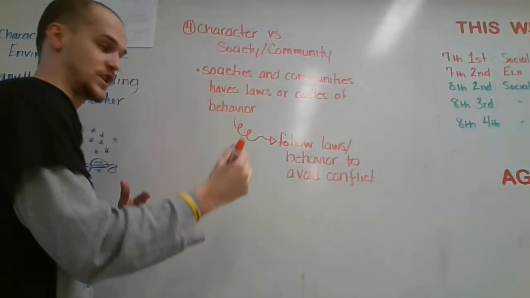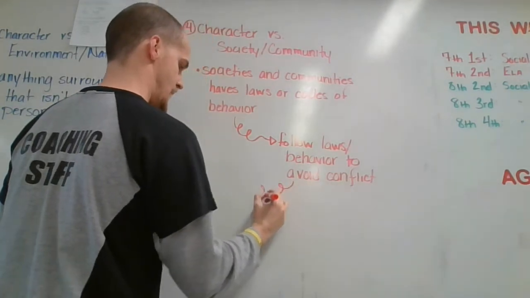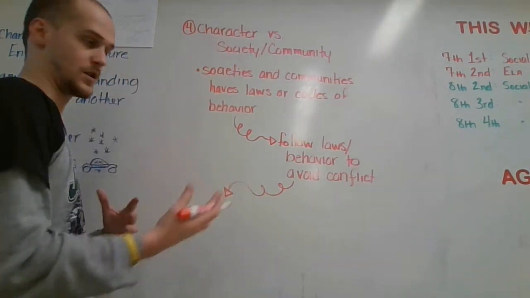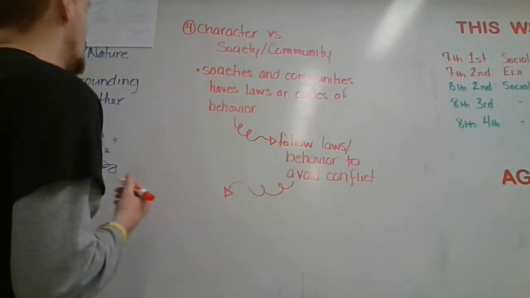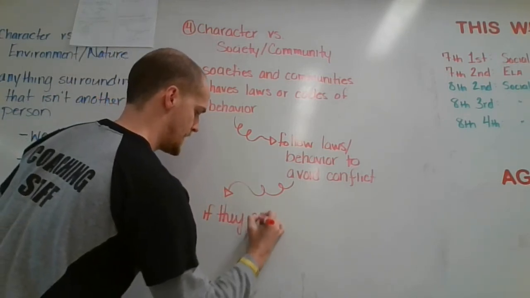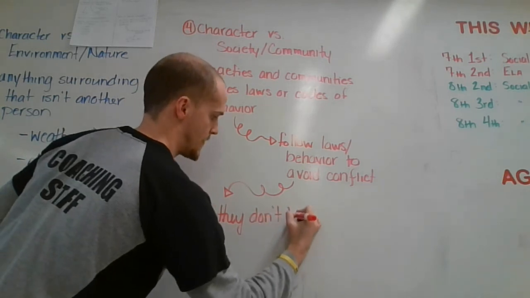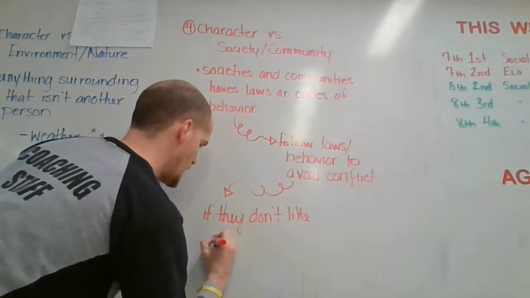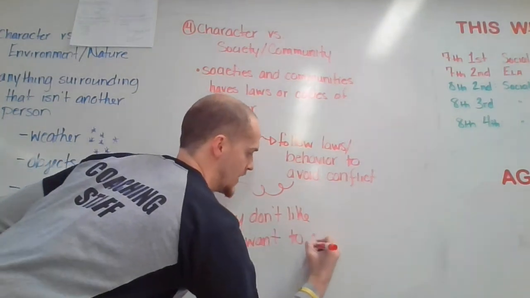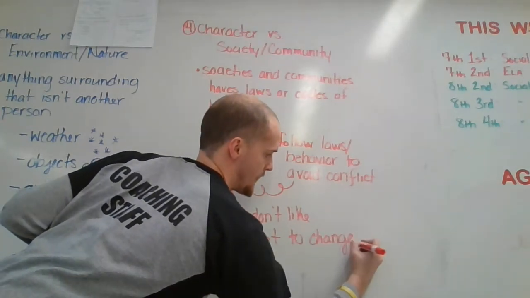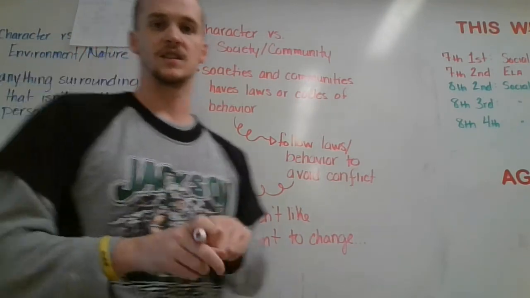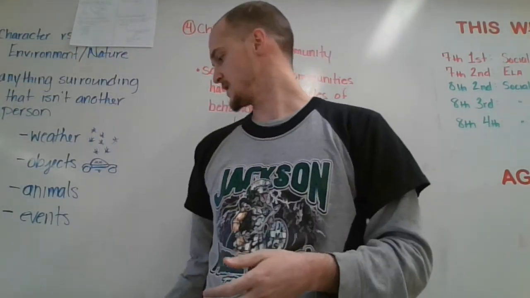But if they want to change that, to change these laws or codes of behavior, they kind of have to start that conflict. If they don't like it and they want to change it, well, that's the beginning of your character versus society or community conflict.